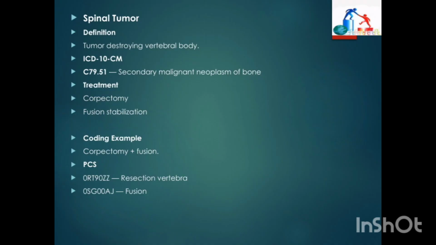Understanding these codes and treatments is essential because it helps us accurately document and communicate the complexity of these cases. This aligns with our overall goal of precise coding and effective treatment planning for spinal tumor management.